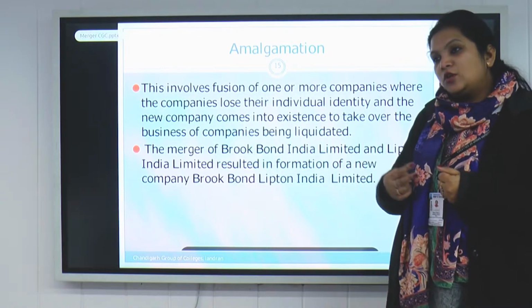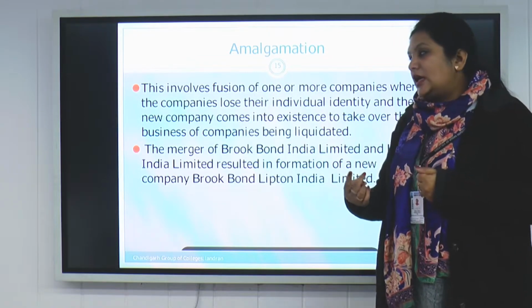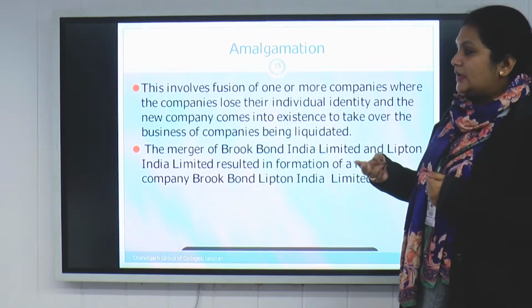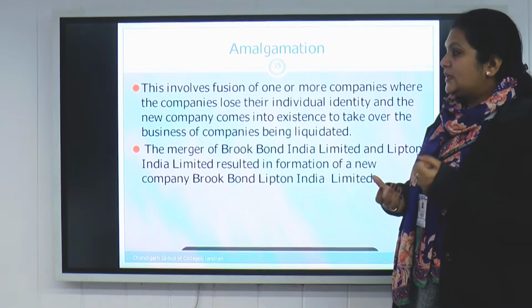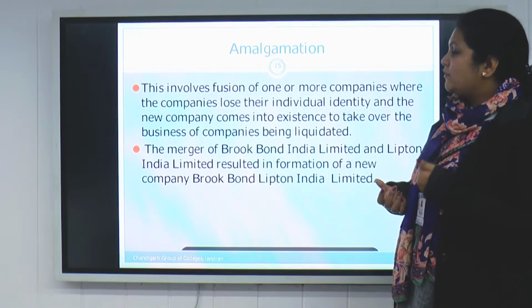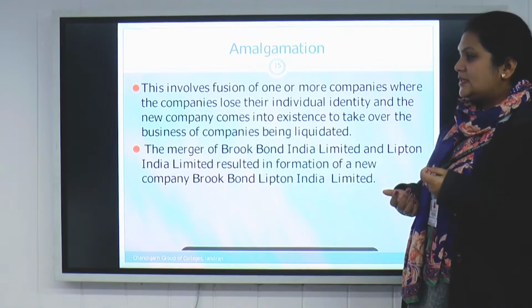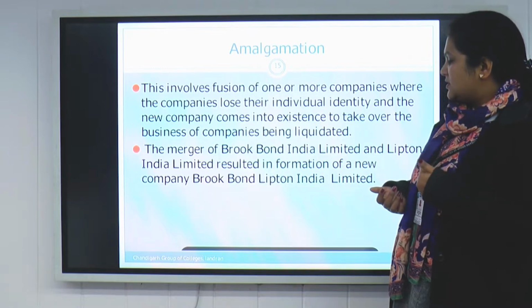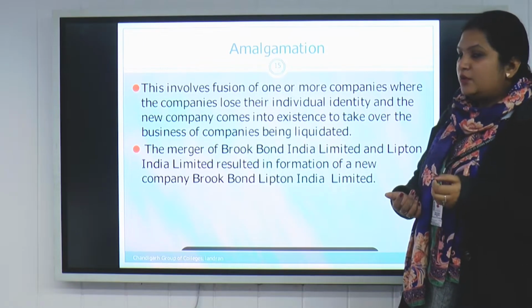While starting, we talked about two synonym terms, mergers and amalgamations. We talked about mergers. If we want to talk about amalgamation on a broader aspect, it involves the fusion of one or more companies where the companies lose their individual identity and a new company comes into existence to take over the business of the companies being liquidated.